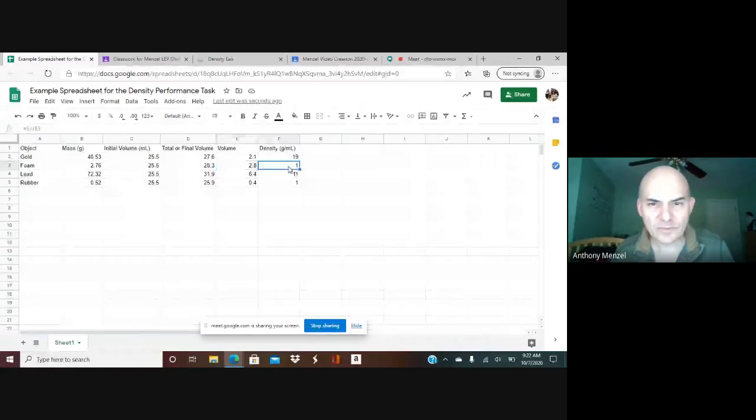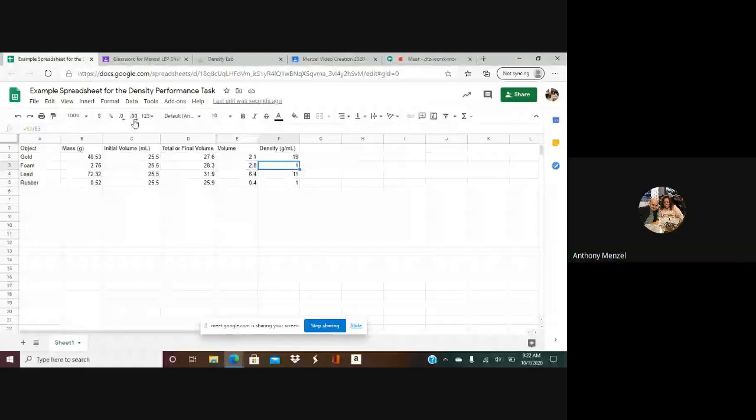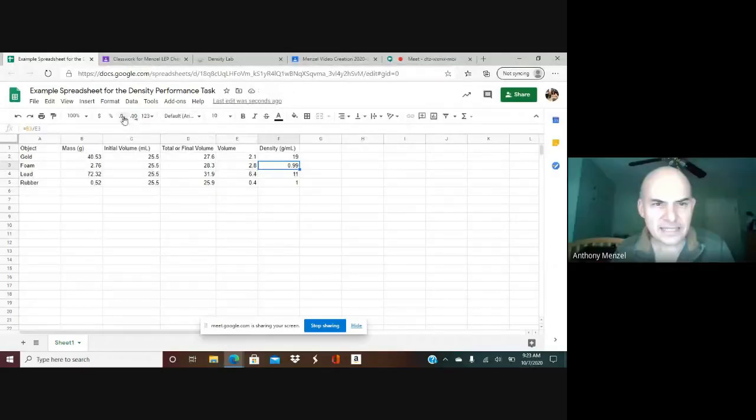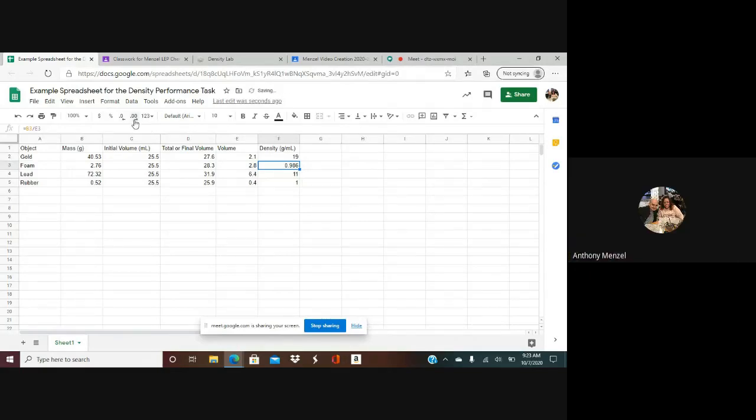So if I want to increase the decimal places, I go like that. And actually, when we think about foam, this should be increased twice, because this decimal place, if we look at it, well, 1.0, yes, you could round it.